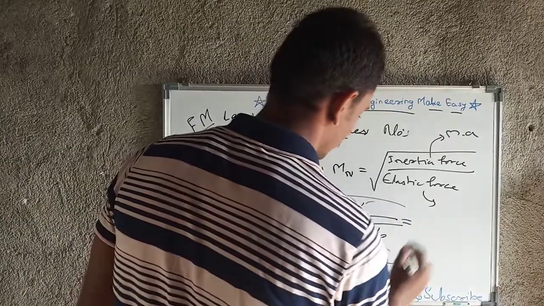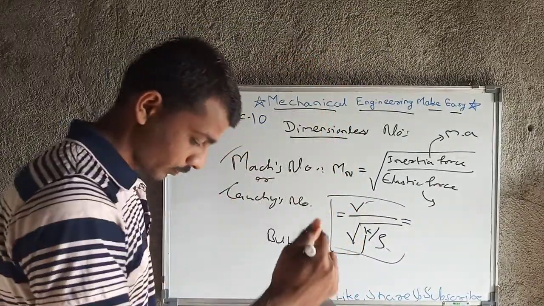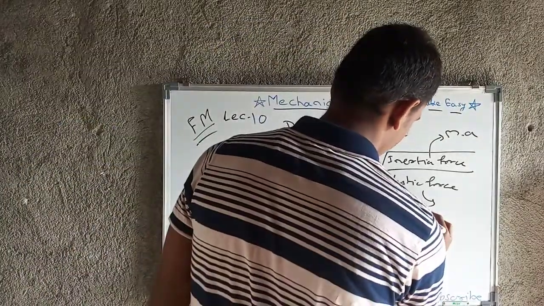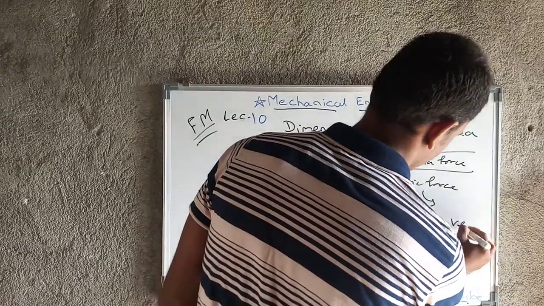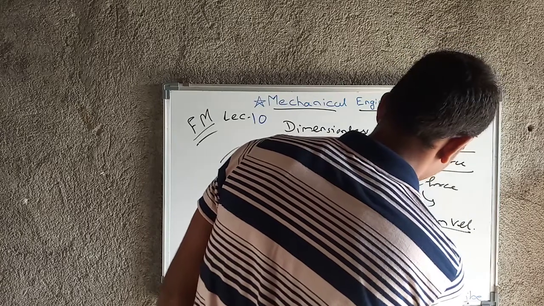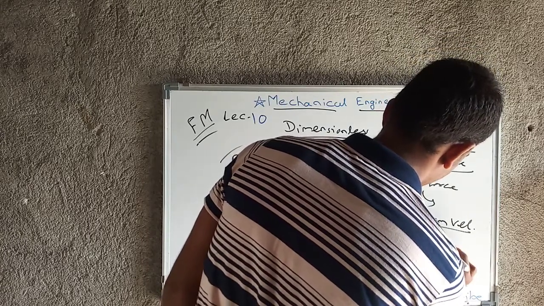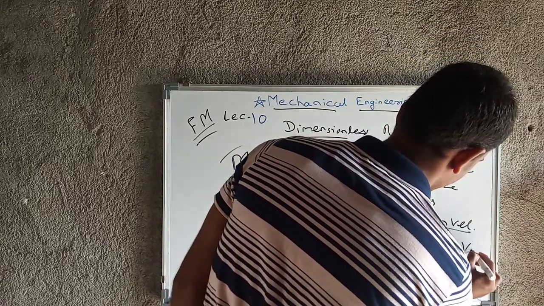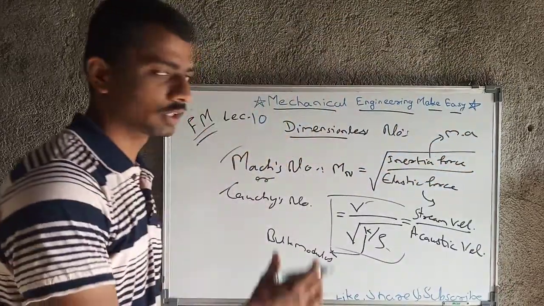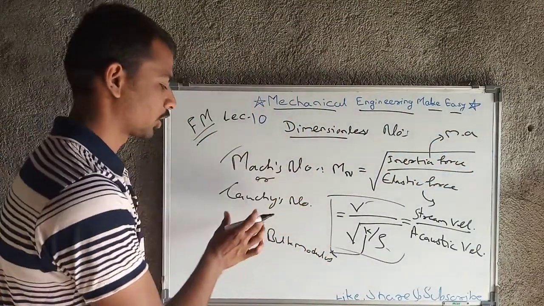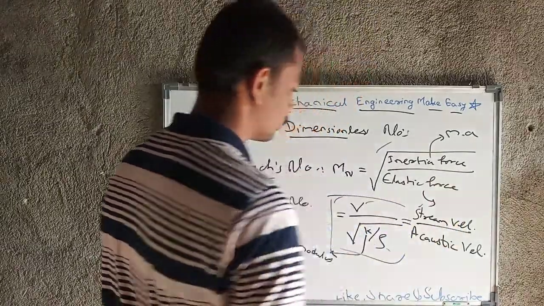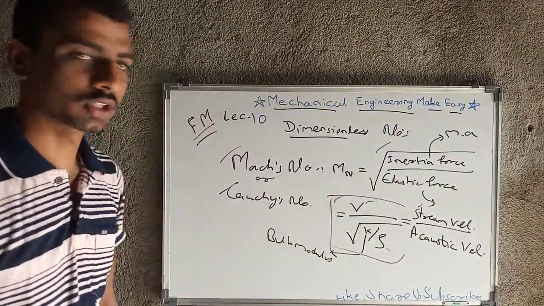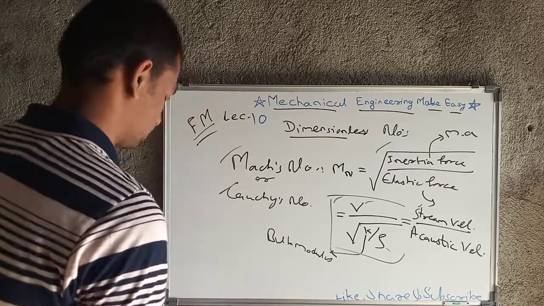Again, there is one more equation, that is stream velocity upon acoustic velocity. This is also an equation for Mach number or Cauchy's number. So you should note down all three equations, which are important from the GATE point of view.